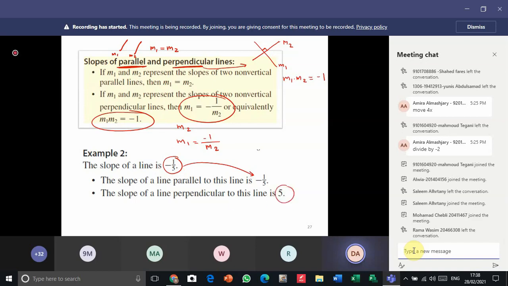How can we find the slope? To find m1, the perpendicular slope, it equals -1 over the second slope. This is equal to -1 over -1/5. Negative over negative is positive. The denominator of the denominator is the numerator, so we have 5.